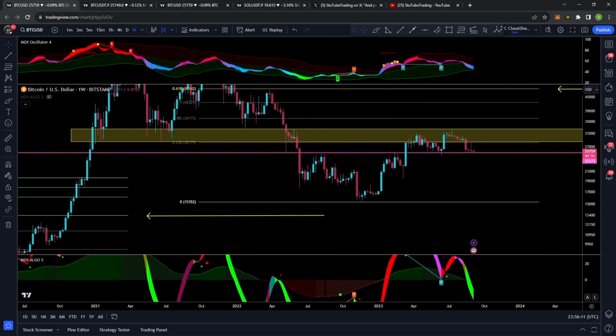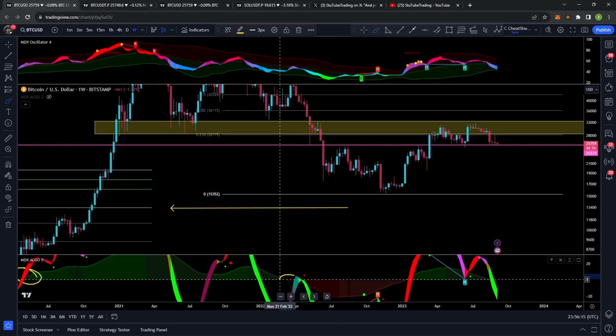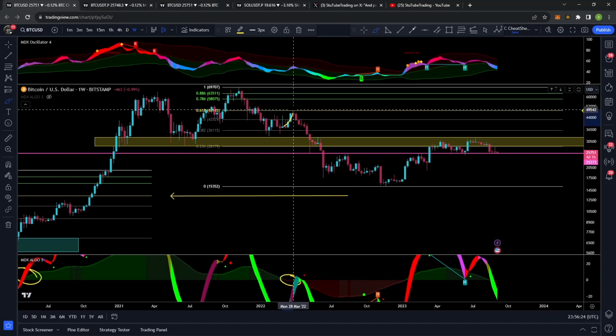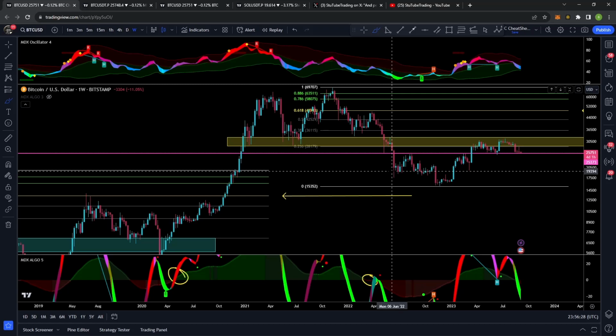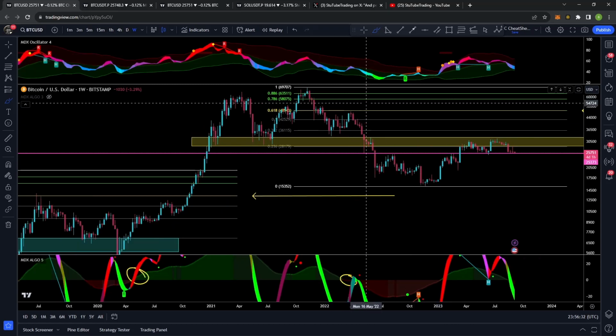I mean, you can see last time that we got this signal where the money flow cloud flipped to red here. Once again, you can see we just got this, basically this very small pump to the upside and then absolutely just nuked to the downside. So, you know, that's something that I don't want to take too lightly right now.